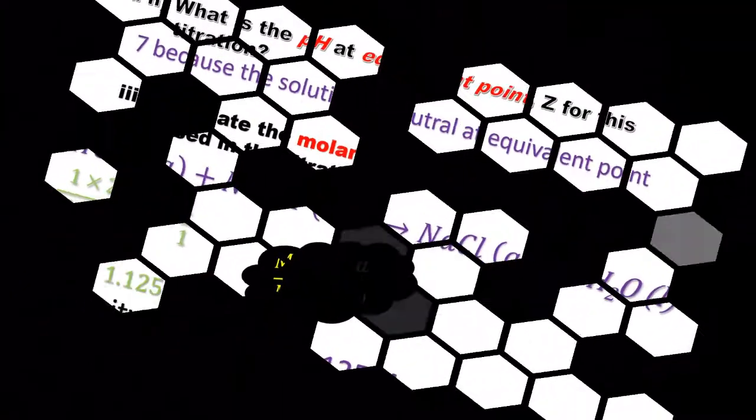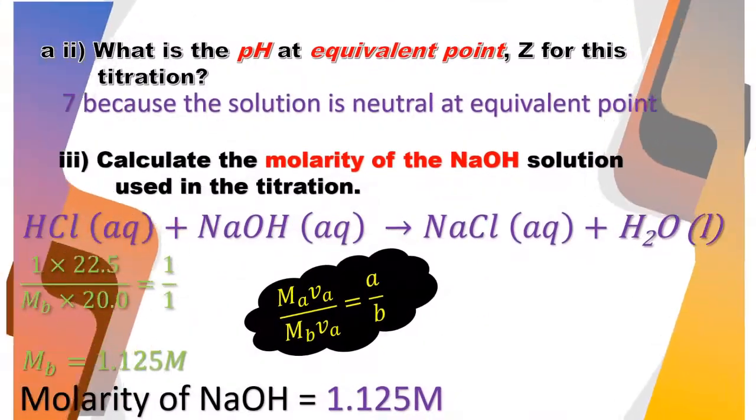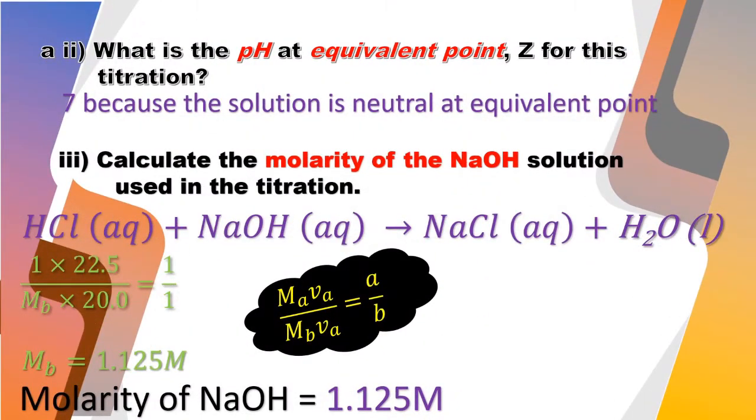So when neutral, we know that the pH is 7. This is actually a 1 mark question. You can just write 7, but for explanation purposes, I wrote that 7 because the solution is neutral at equivalent point. Moving on, the next question is calculate the molarity of the NaOH solution used in the titration.